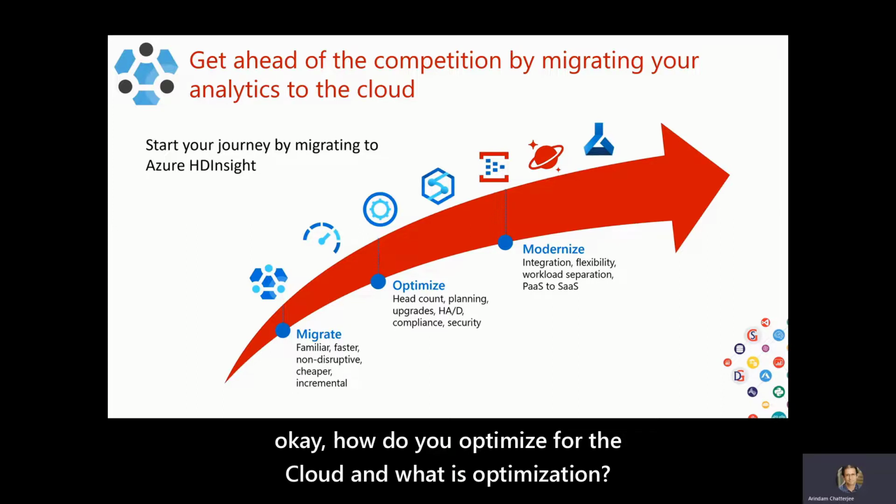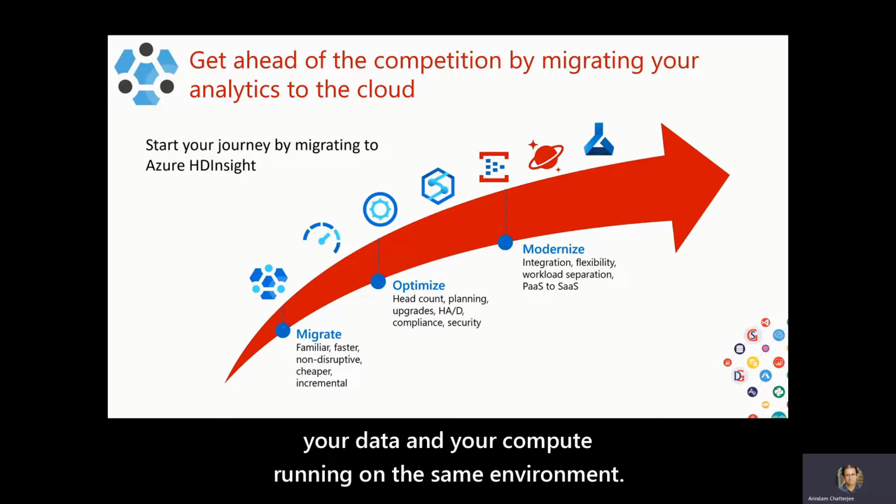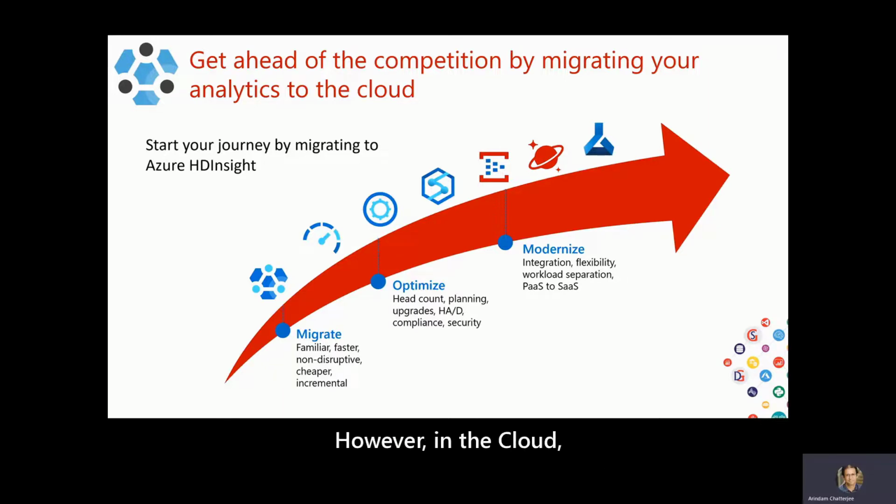And what is optimization? Keep in mind that on premises, your Hadoop clusters typically have your data and your compute running on the same environment. However, in the cloud, these are two separate things. Your compute is running on VMs, your storage is in a remote location, typically in the same region, but it's not co-located on your HDInsight cluster.